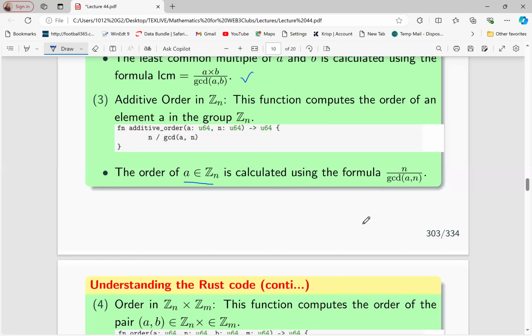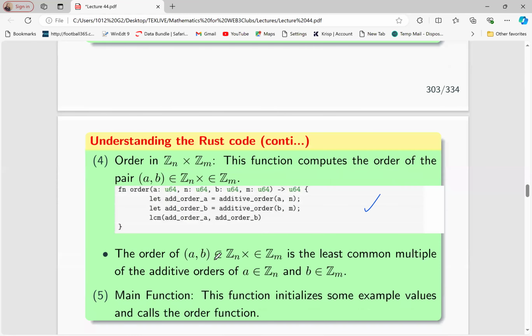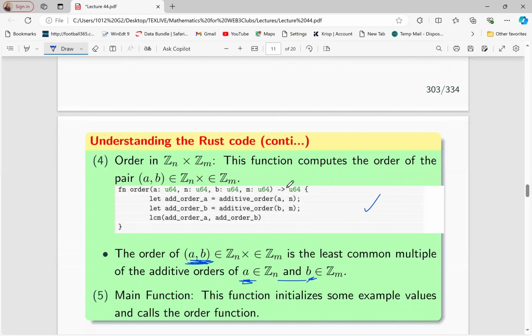Then this is the last part I was explaining. The order of this element will just be the least common multiple of the orders of A and B. So this part does not have a lot of things to do.